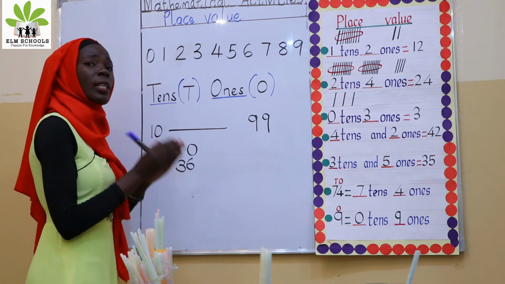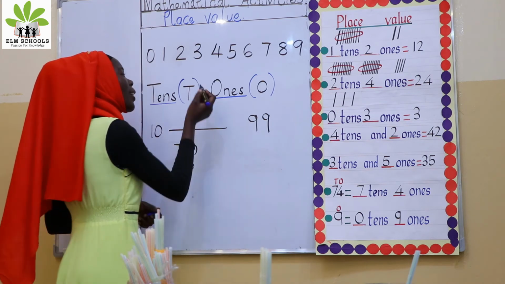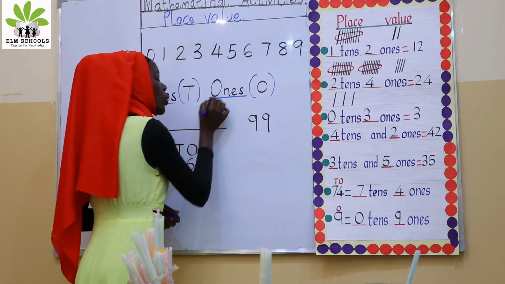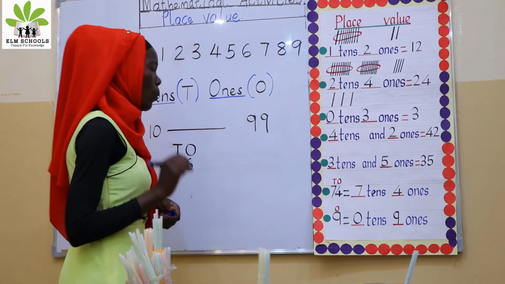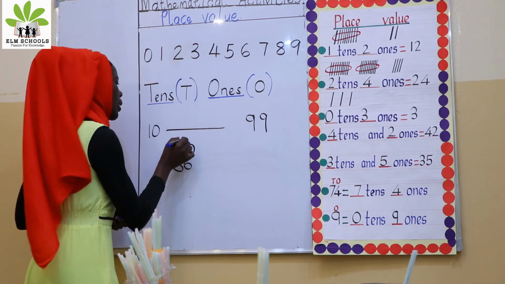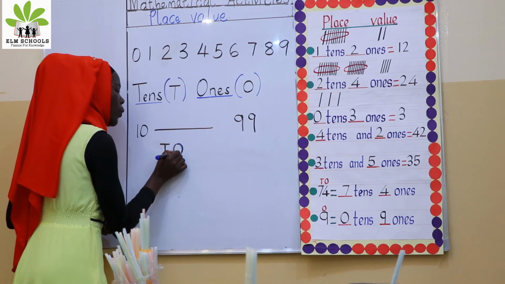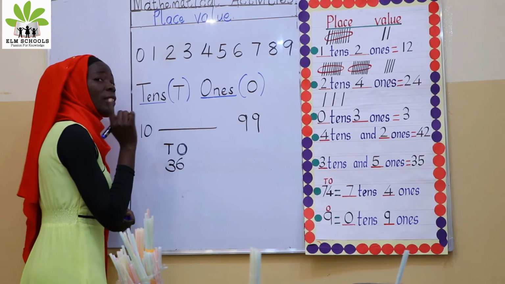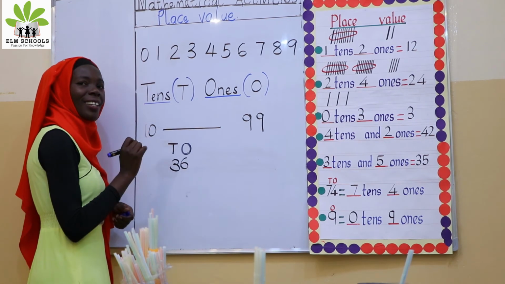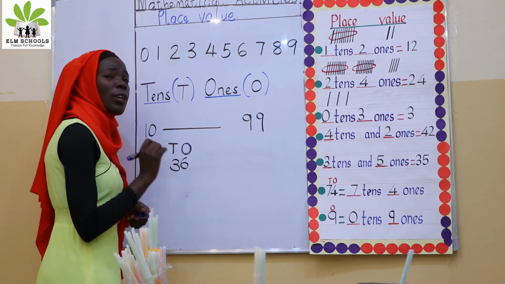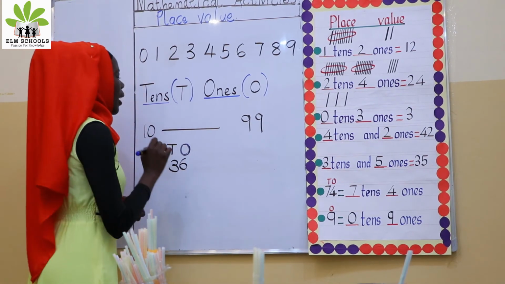So what I will simply do is I'll go for the word ones and underline the first letter. The first letter of the word ones is letter O. So I'll come and write here O. O stands for the word ones. Remember, I've said that the first number from the right hand side is always in the place value of ones.